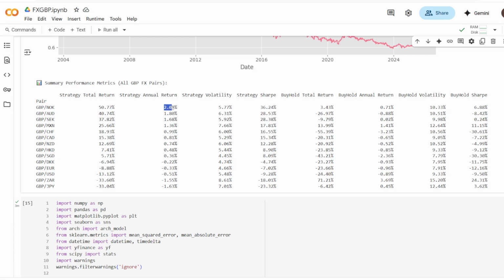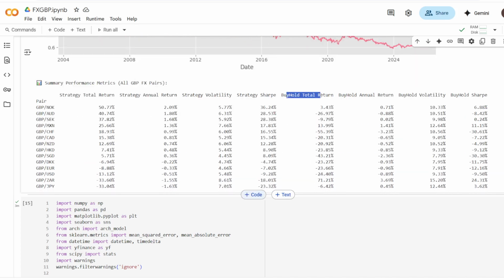The annual return is 2%. The strategy has a 5.77% volatility. Sharpe ratio. While instead the buy and hold trade is not profitable at all. It's very little profitable, but you see big minuses here.